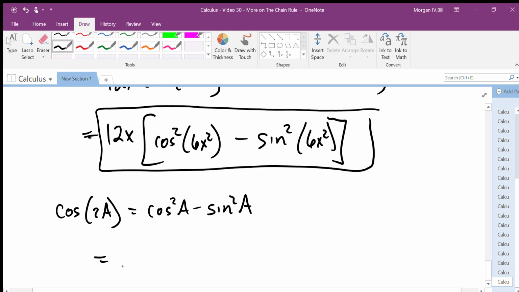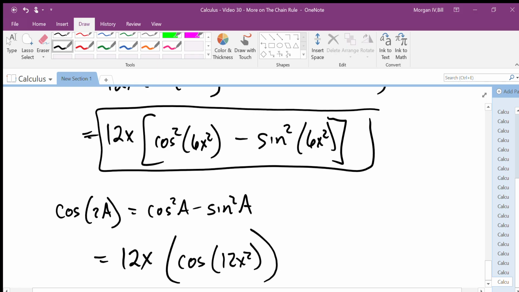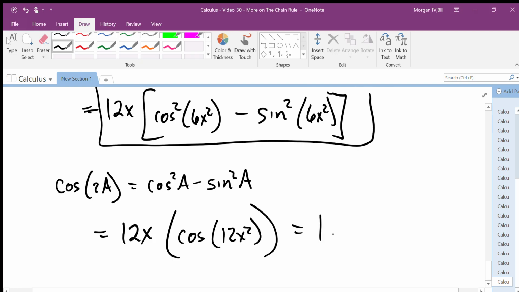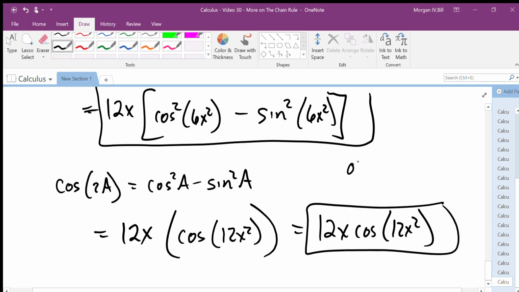Using that, we could say this is 12x times the cosine of 12x squared, so you end up with 12x cosine 12x squared, using that double angle formula for cosine. Okay, very good.